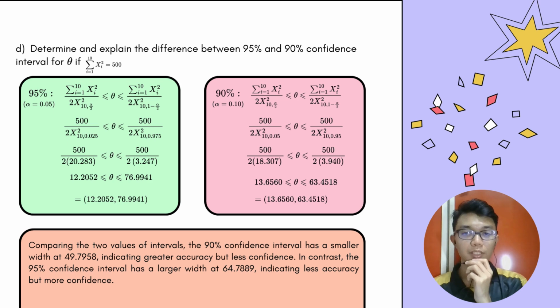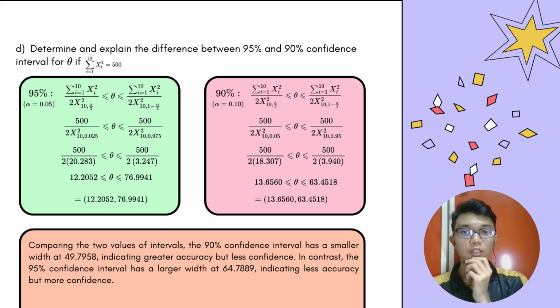On the other side, for chi-squared with the degree of freedom of 10 and the alpha value of 0.95, we get the value from the table, which is 3.940. So 500 divided by 2 times 18.307 gives 13.656. On the other side, 500 divided by 2 times 3.94 gives 63.4518. So theta will be between 13.656 and 63.4518.